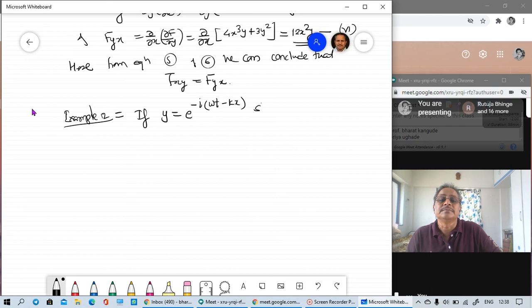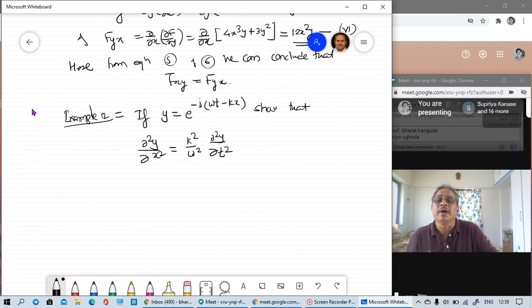Show that del square y upon del x square is equal to k square upon omega square into del square y upon del t square. Okay, we have to go for the solution.